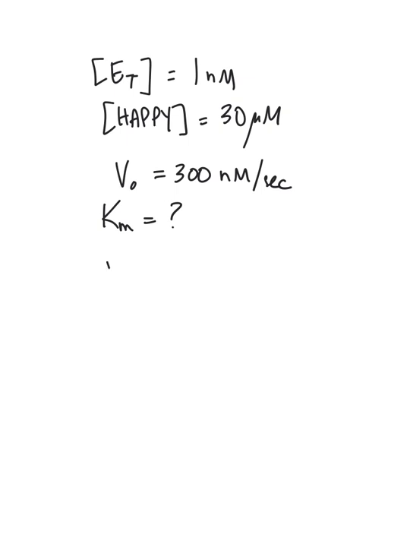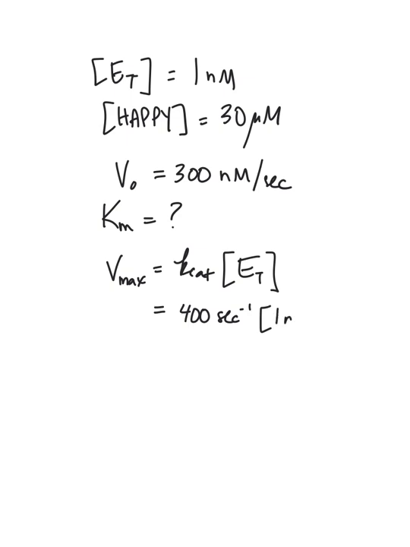So you can calculate your new Vmax. That's Vmax equals kcat times total enzyme concentration. Your kcat is a characteristic of the enzyme. So you use that number, which you've already derived in the previous part of the problem, and the kcat was 400 per second. And in this case, your total enzyme concentration is 1 nanomolar.